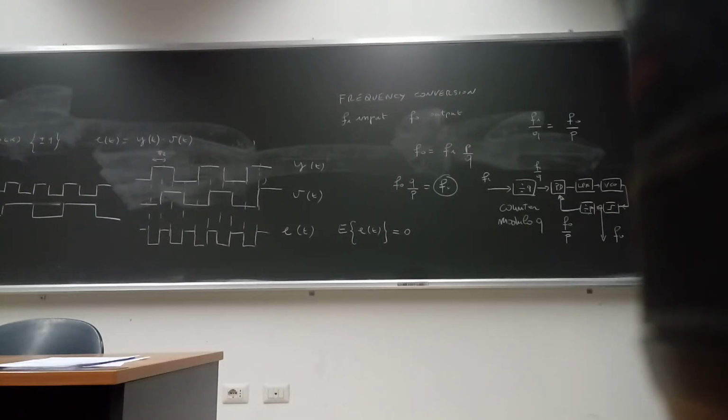You see? This is not obtained from a local oscillator. When you have a local oscillator, you can only have a frequency which is plesiochronous, which is not synchronous, plesiochronous to the input.